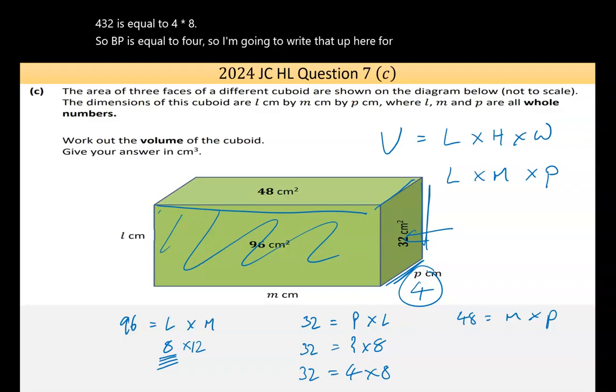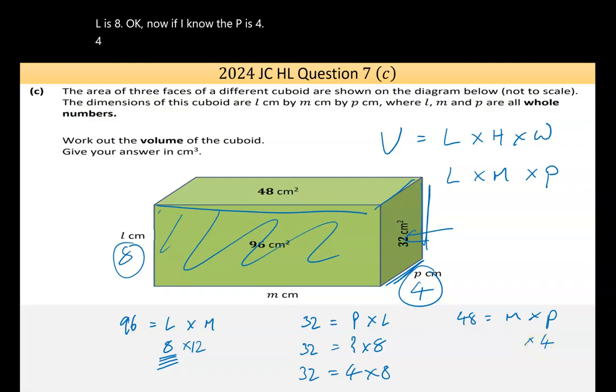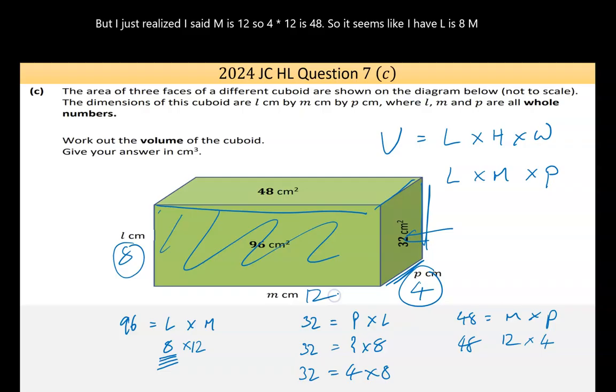So I'm thinking L is 8. Now if I know that P is 4, I just realized I said M is 12. So 4 times 12 is 48. So it seems like I have L is 8, M is 12, and P is 4.